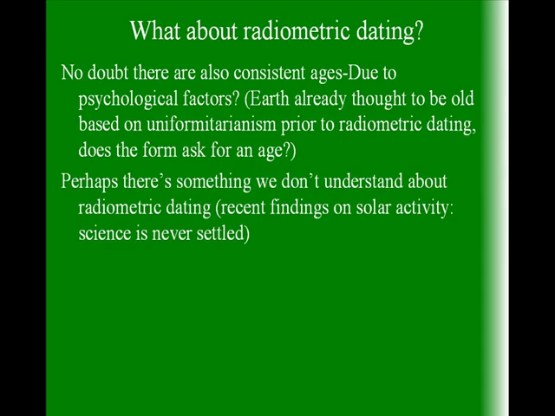Or even if that is not the whole story, maybe there's just something we don't understand. Maybe there's just something that we just don't get right now about radiometric dating. Maybe you've seen those recent findings on solar activity and the question of whether solar activity could possibly be affecting radiometric decay here on the Earth. And there's controversy.